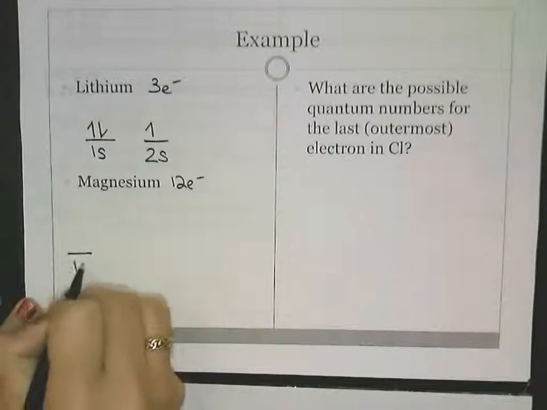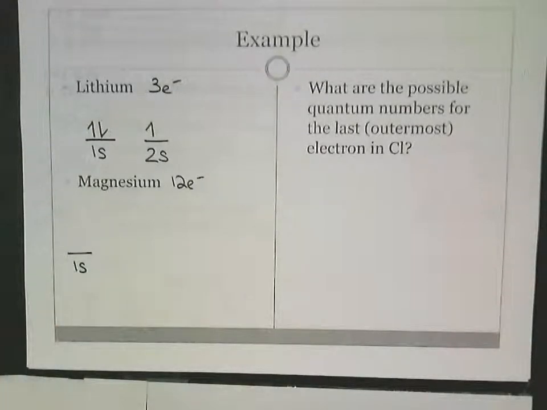And how many electrons can I put in 1s? 2. All right, I got 10 electrons to go. We're making progress. All right, what's my next platform called? 2s. And how many electrons does he get? 2. All right, what comes after 2s? 2p. And how many platforms? 3 platforms.